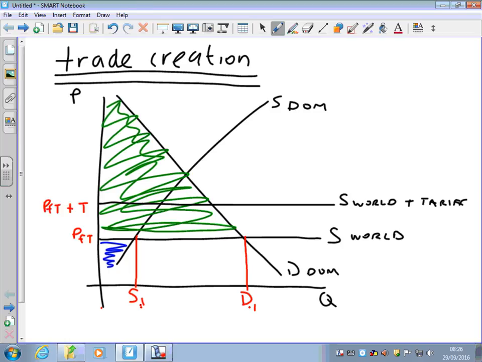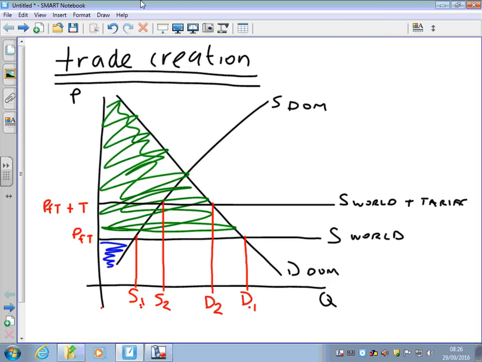Now look at what that does. That will allow domestic producers to produce more within the economy. So S1 to S2 will have this increase in domestic supply. Domestic demand will fall due to the higher prices.